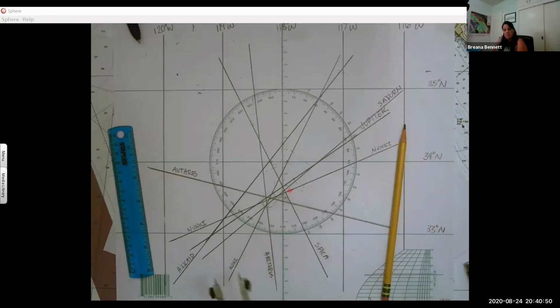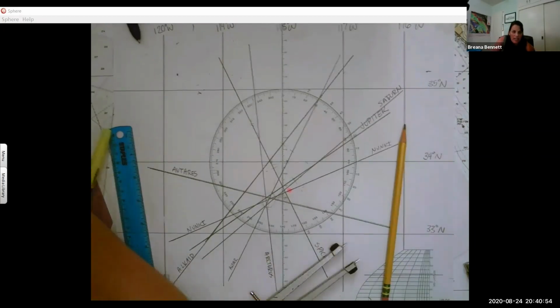So, yeah. Okay, let me show you that image that I was talking about. Yeah, the celestial triangle.